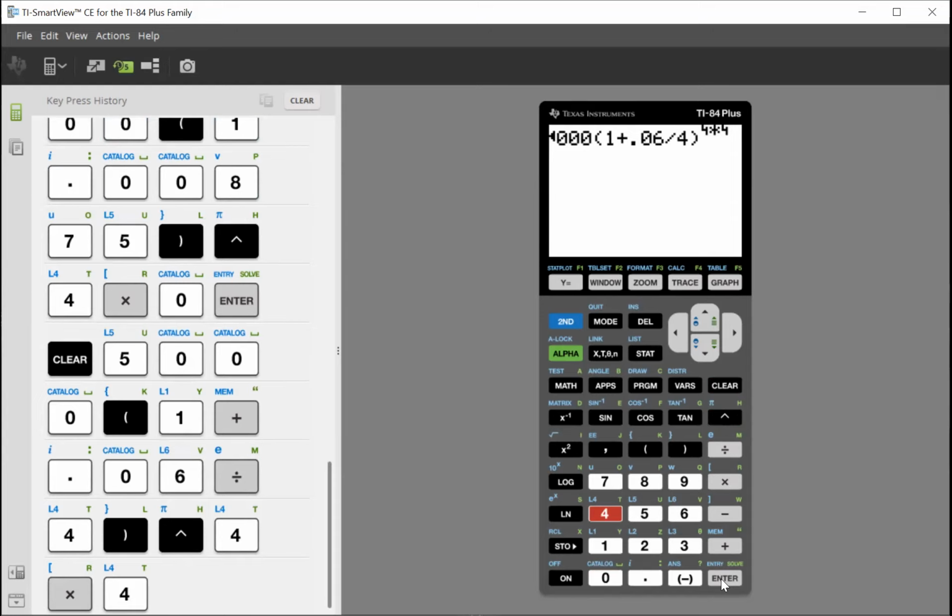All right, so let's hit enter and we're going to round this to 2 decimal places. So mine looks like $6,344.92, and the 2 has a 7 behind it, so I'm gonna round that up to a 3.